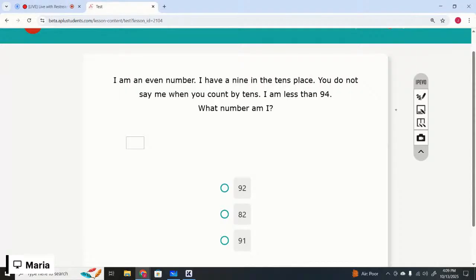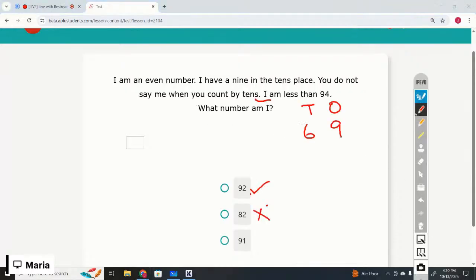I'm an even number. I have a 9 at the tens place. You do not say me when you count by tens. I am less than 94. So even number it is, and that is less than 94. So we have two options, 92 and 91.